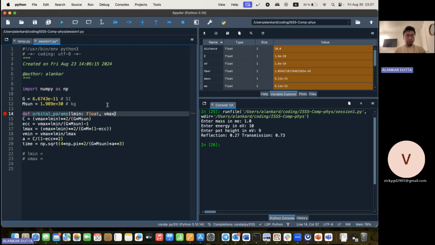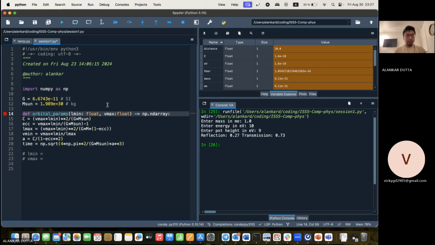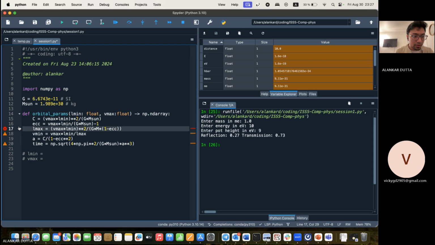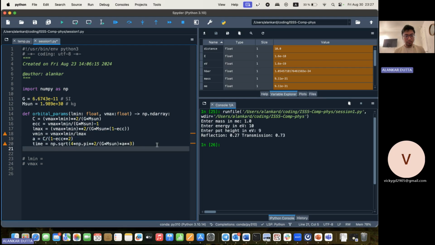So you have a floating point number of Lmin and a float of Vmax, and then you'll get an np.ndarray here. This M is M sun. Now we are going to return the different orbital parameters.